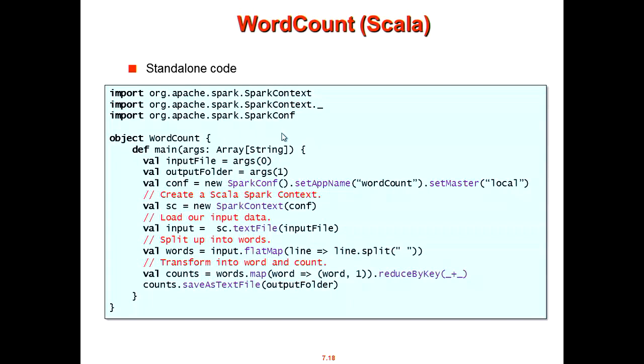So this is one example. This is standalone code for word count written in Scala. If you have finished yesterday's lab, you should already see this code. The major part is just the same. We can start from this line: sc is equal to new SparkContext, based on some configuration.